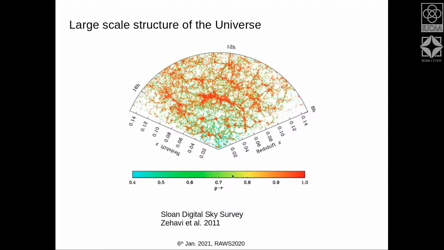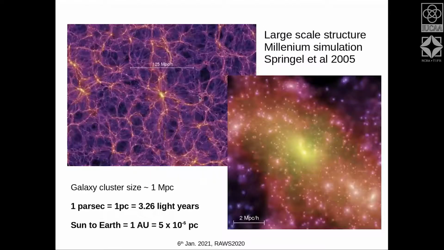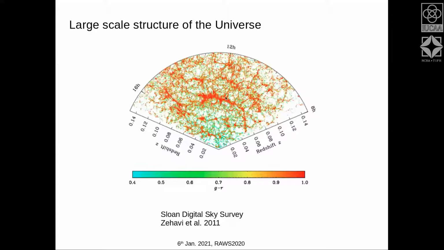And what you can see here is that immediately you can make out that the reddish points somehow seem to be at the locations where there seems to be more grouping as compared to the greenish blue points, which seem to be scattered in locations where there aren't many red points. So this already tells us some story that when galaxies cluster together, something happens to them which makes them emit more red light than bluish green light. So we will come to these aspects when we talk about clusters of galaxies.